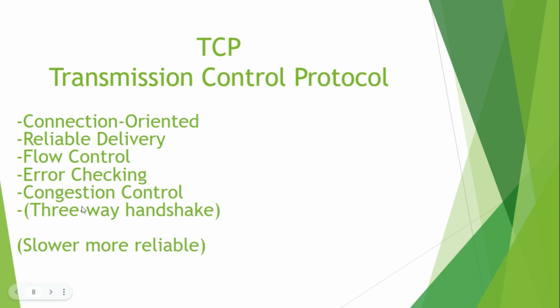One of the things I want you to take away from this video when it comes to TCP is that it deals with the three-way handshake. That's something that comes up a lot. Once you get into networking, you're going to have to know how a three-way handshake works. You could always look that up, but for the CompTIA A+ at this point with this presentation, I just want to mention it.